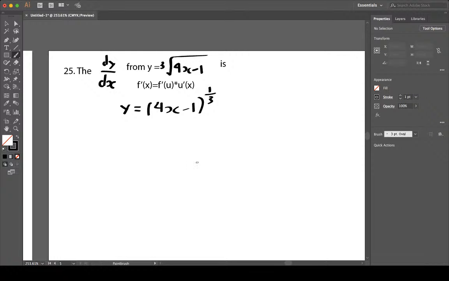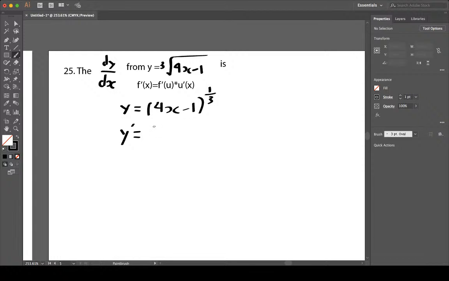The way that you find the derivative is to first find the derivative of the outermost shell, which in this case is the power. So just derive this like a normal function.